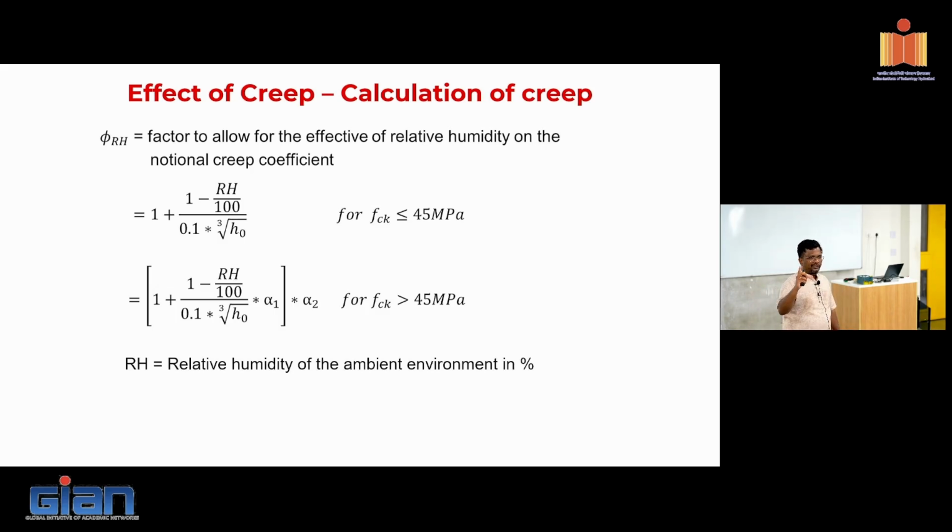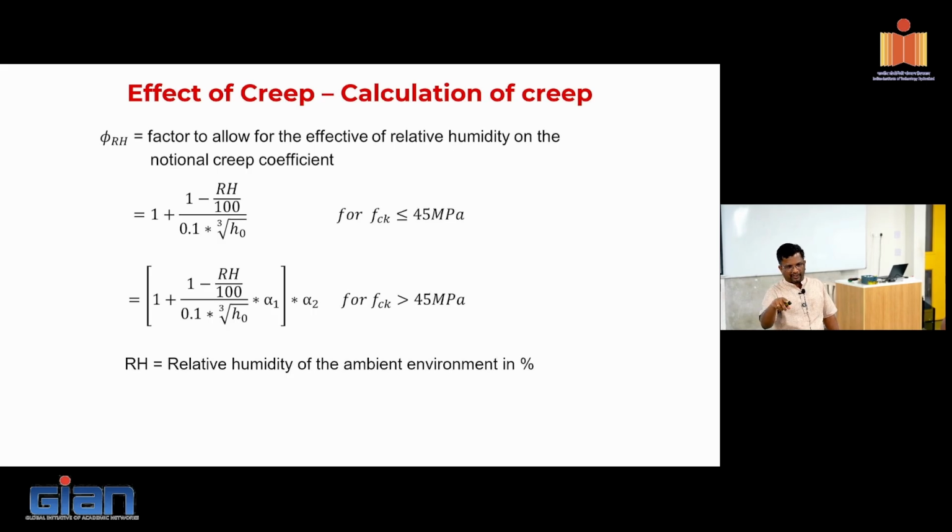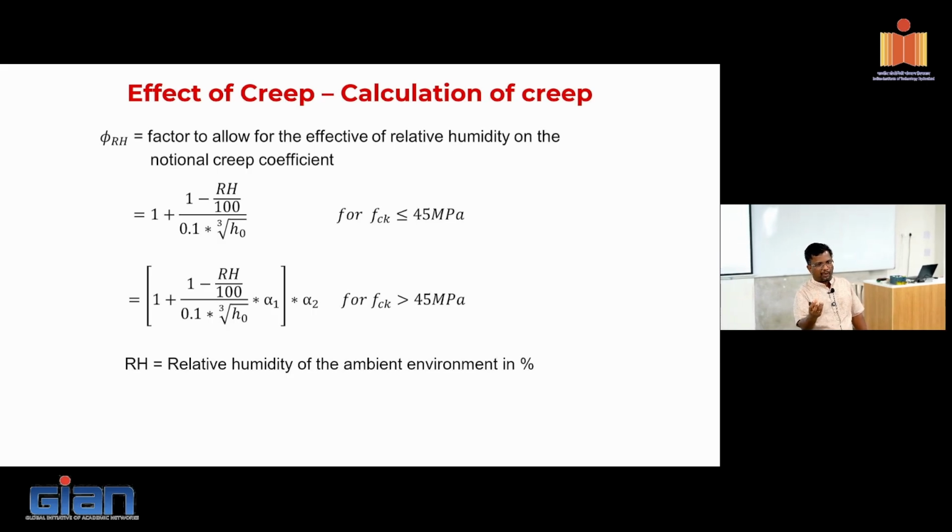What is another factor that affects the creep? It is the volume to surface area. The H0 is nothing but your volume to surface area, right? So if I'm defining H0 as volume to surface area, if H0 is higher, what is the implication? Volume is the numerator, so if the denominator is small, H0 will go up, right?